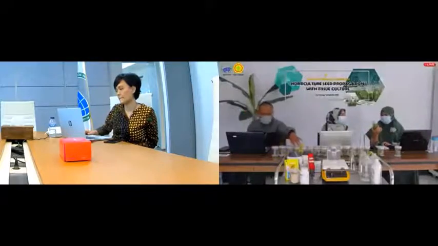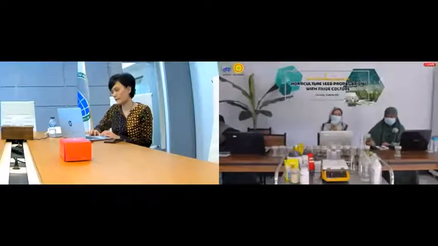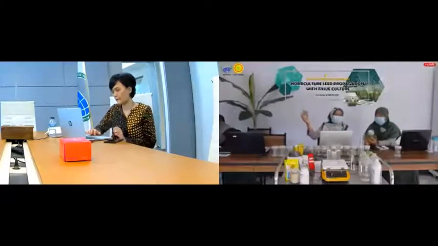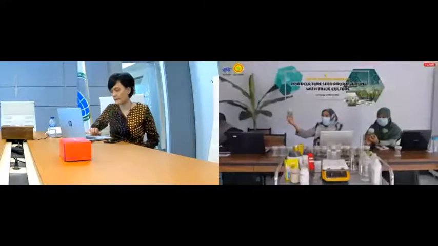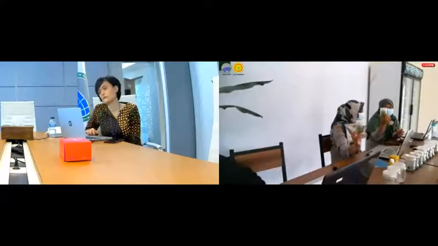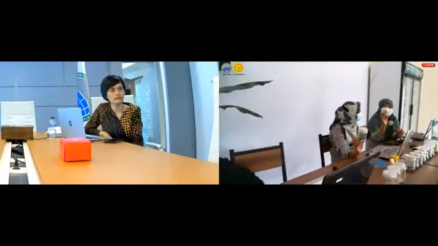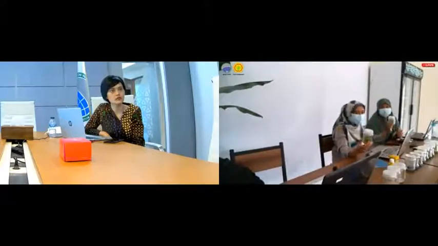Okay, this is how many explants in the culture bottle. Actually, in the culture bottle, the number of plantlets is maybe about 10.